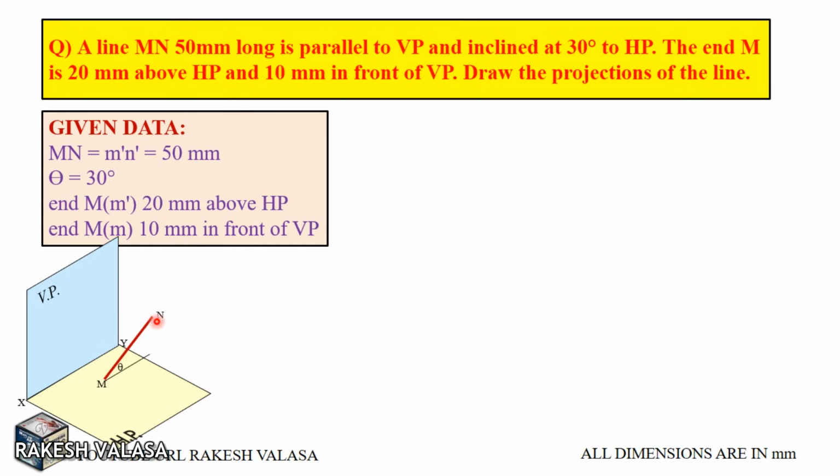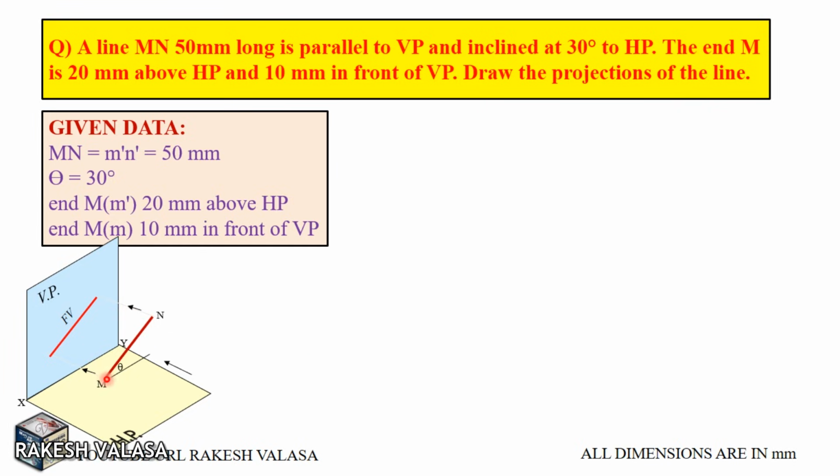When the observer is watching from this side, you can see this inclination above XY. So this MN projection, the front view, falls on this vertical plane. You can see here. When the observer is watching from this side, this MN projection falls on this vertical plane, parallel to this vertical plane. You know that this MN is parallel to VP. So this projection falls on the vertical plane and has the same inclination with the XY line.